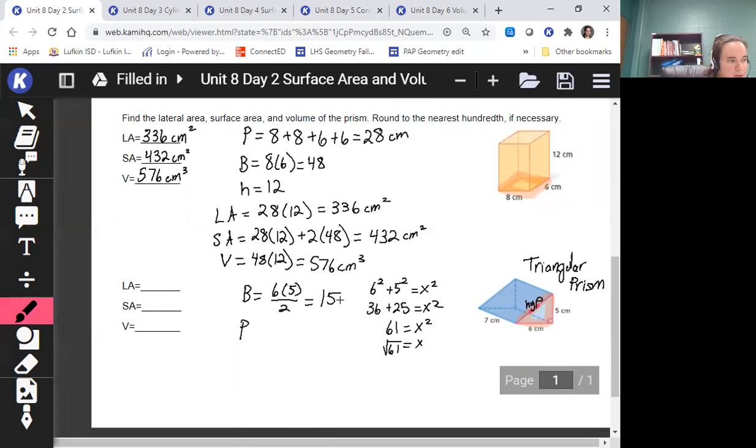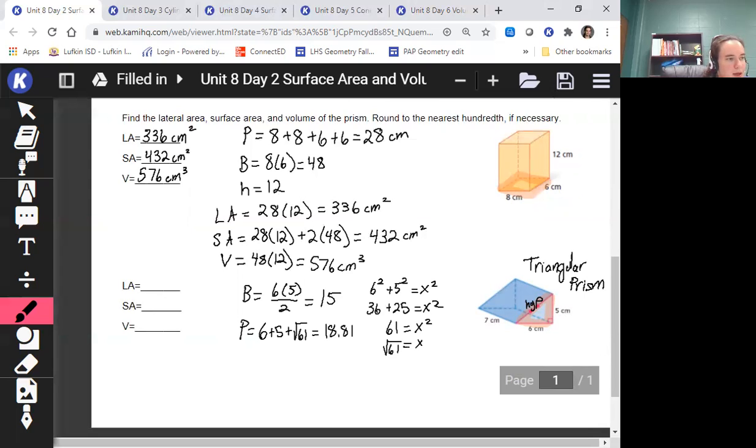So we need to find our perimeter now. We take our two sides that we know, 6 plus 5, plus the side we just found, the square root of 61. And that gets us 18.81.